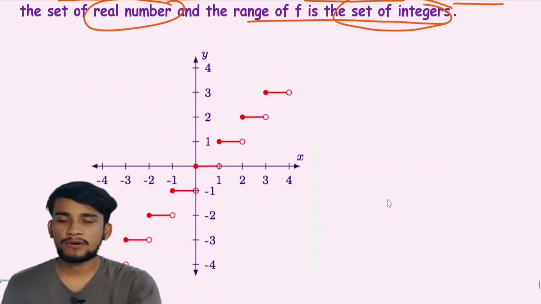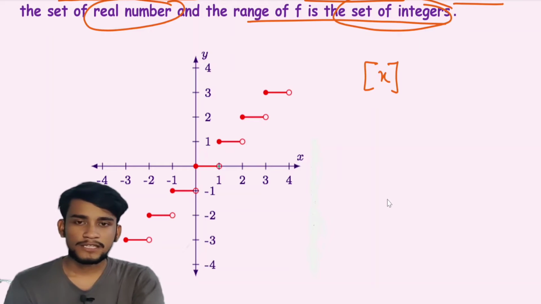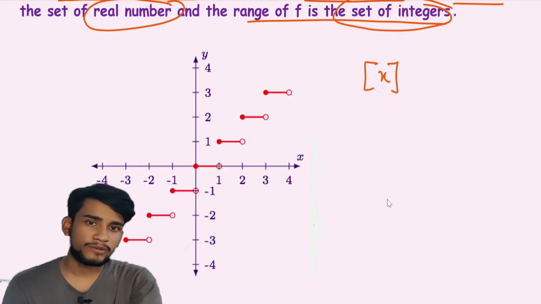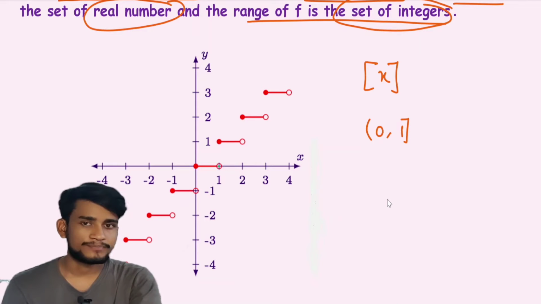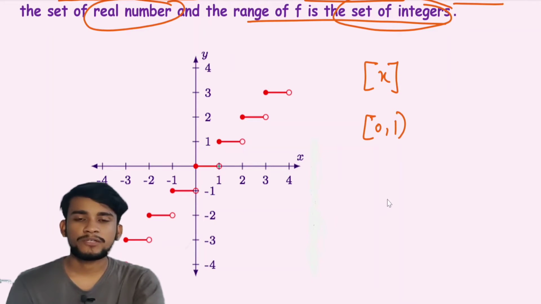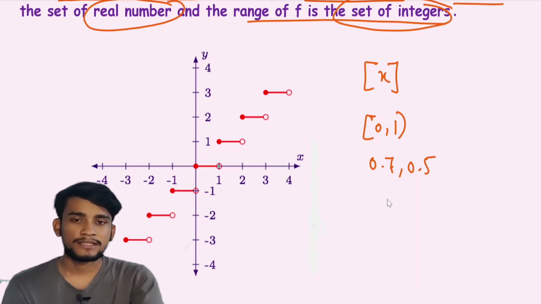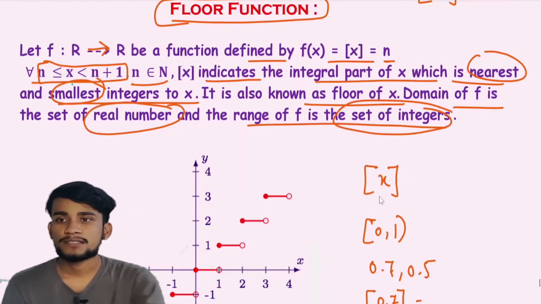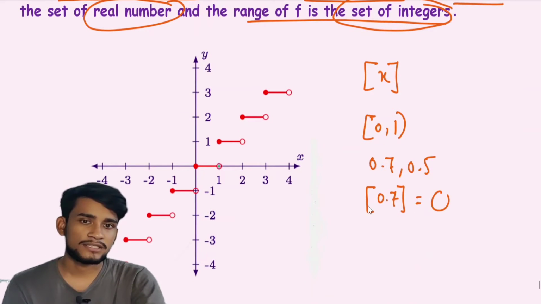This is the graph of the box function, or you can say the step function. Box x means, if we take a value in the interval closed 0 and open 1, sorry, closed 0 and open 1, so if we take any value in between, say 0.7 or 0.5, and take the box function of it, it gives the smallest and nearest integer, which here is 0.